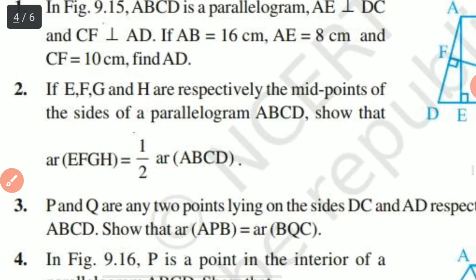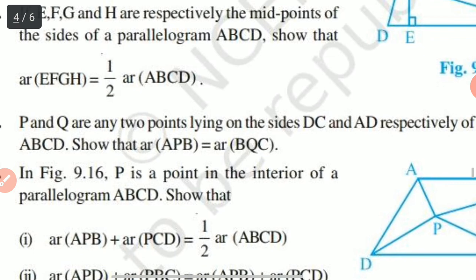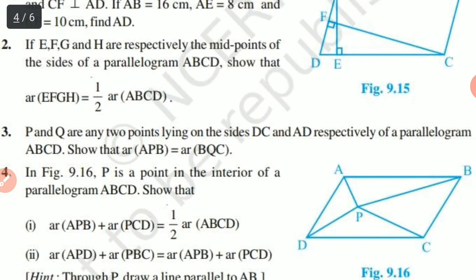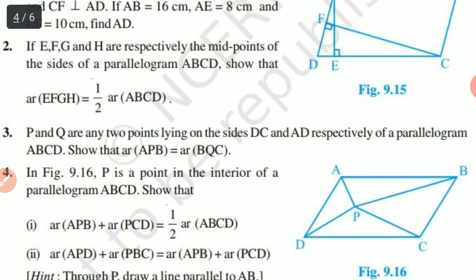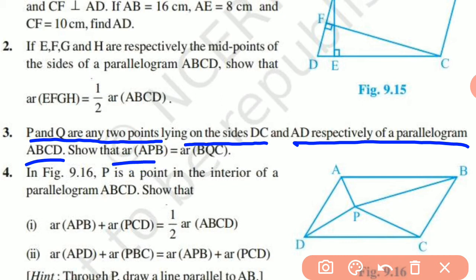Now next is here PQ. P and Q are any 2 points lying on the sides DC and AD respectively of parallelogram ABCD, so that area of APB equals area of BQC.